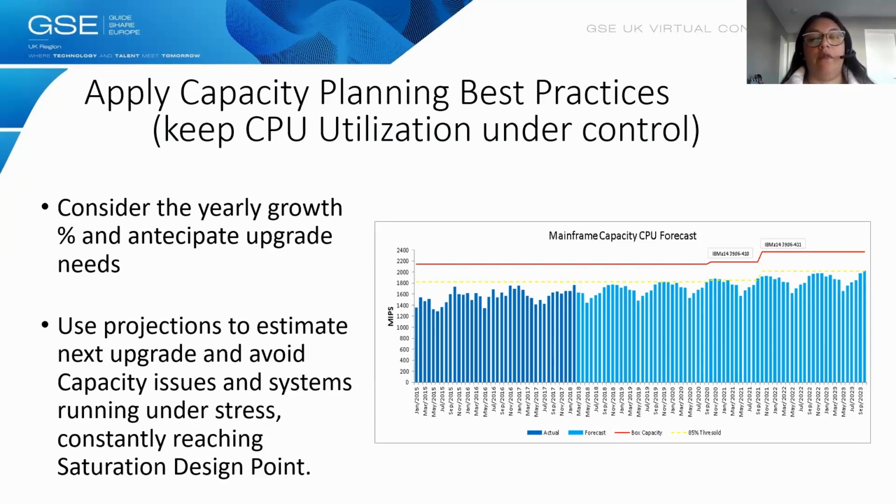Therefore, I'd recommend you to try a seasonal forecast as well. Keep track of the next upcoming upgrades, right? Because it's not cheap to get the financial approval to do an upgrade. So by doing the CPU forecast, you help the company to better plan for the expense, right?